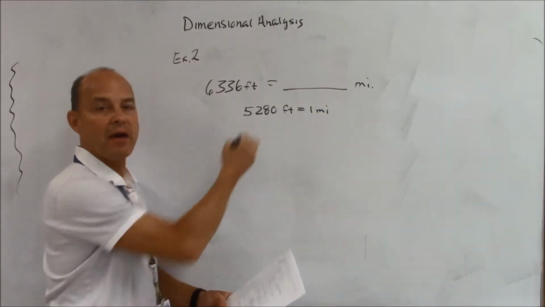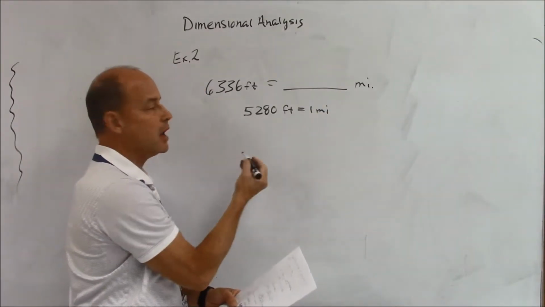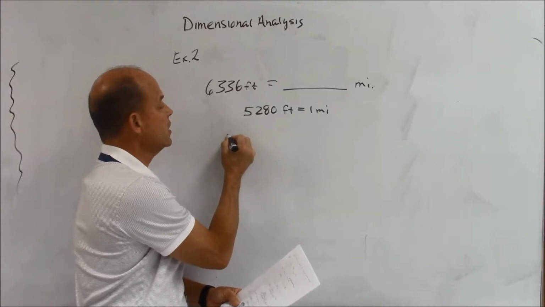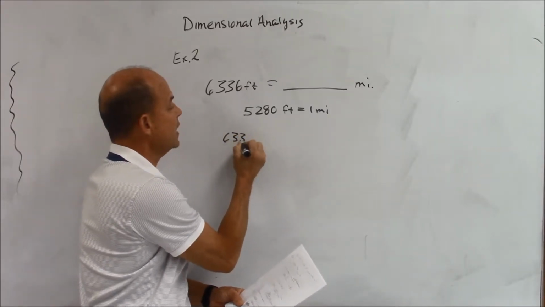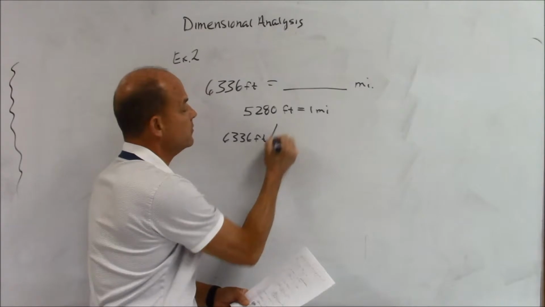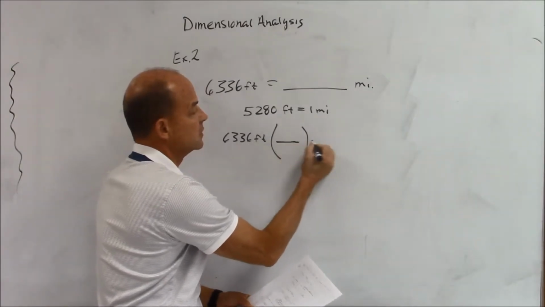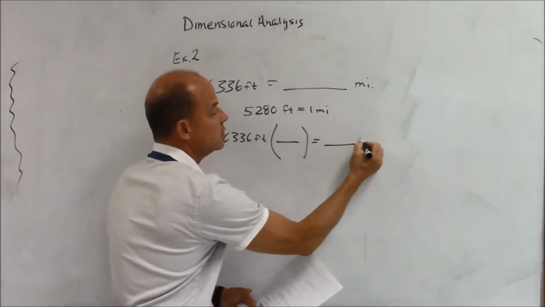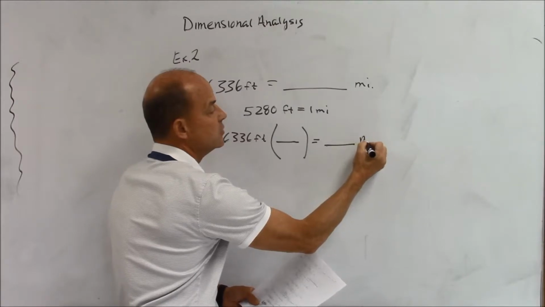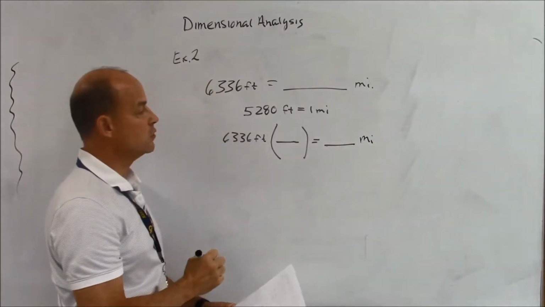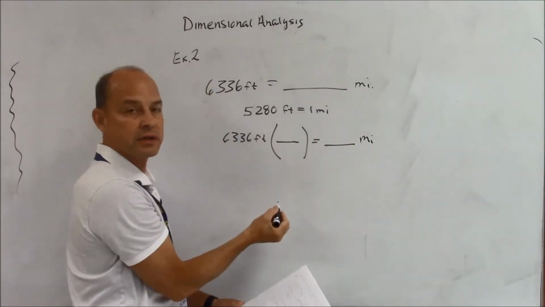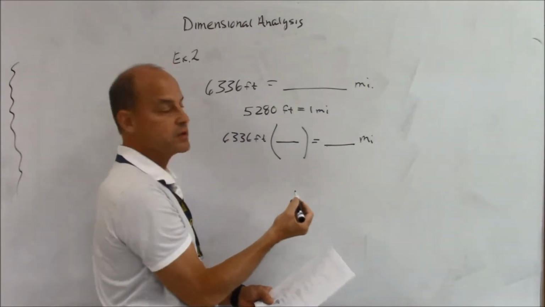So now you have what you need to put in your conversion factor. So you would write this as what you've got times some conversion factor is equal to the result you want in the units that you want. Now again, which one goes on top? Depends on what you want the result to be.